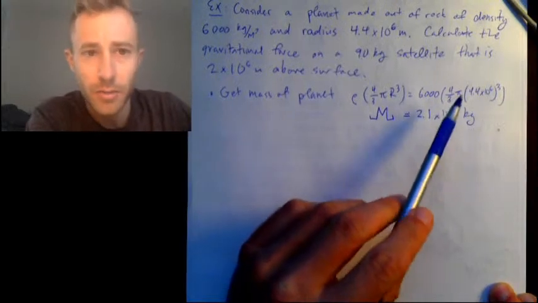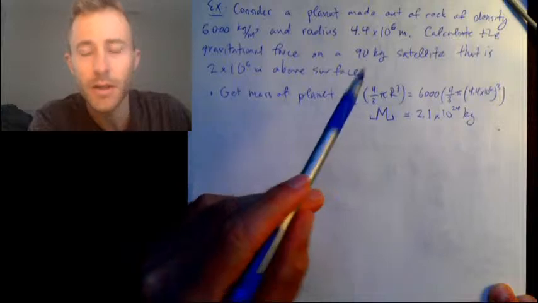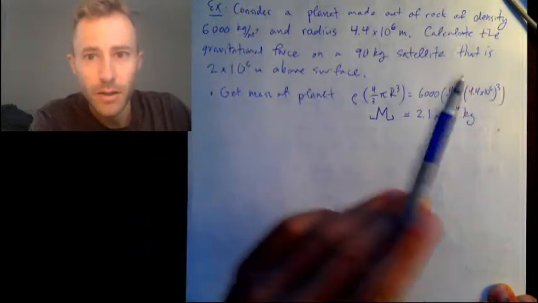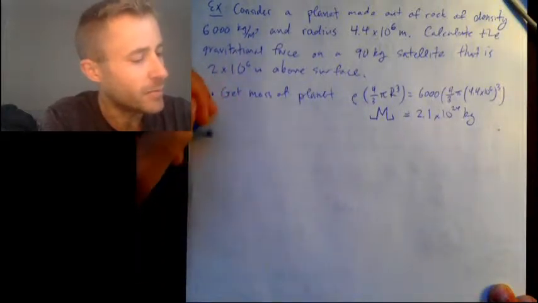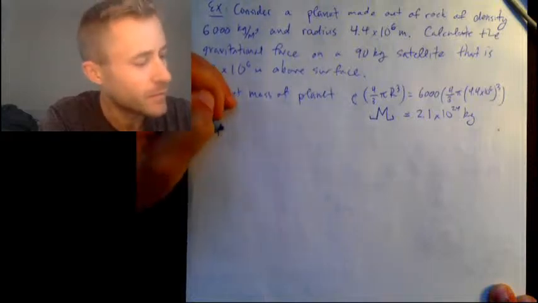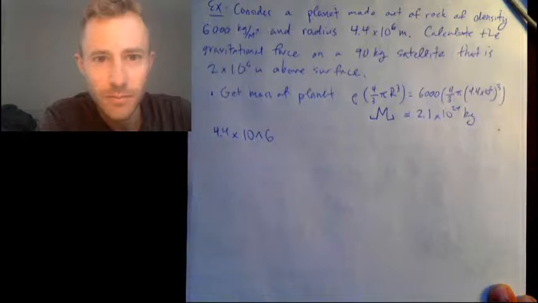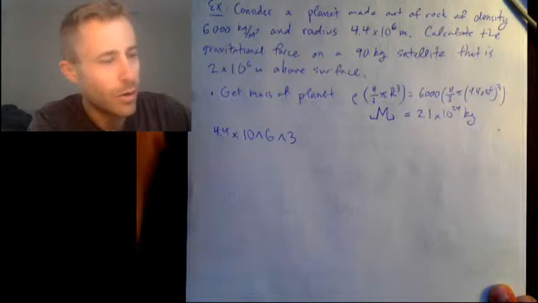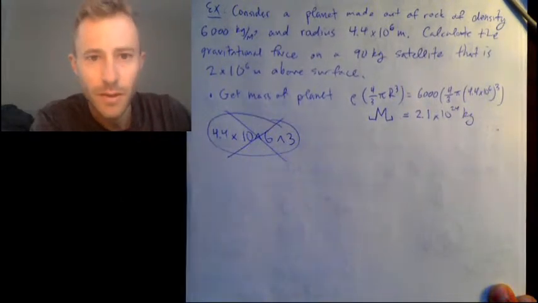I do want to talk a little bit about putting scientific notation numbers into the calculator, okay? Let's say you wanted to do 4.4 times 10 to the 6th cubed. Some of you might type something like this into the calculator. You might type 4.4 times 10 to the 6th cubed. No. That is not good.